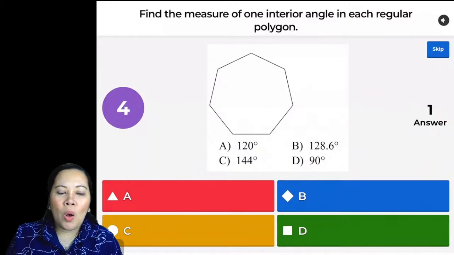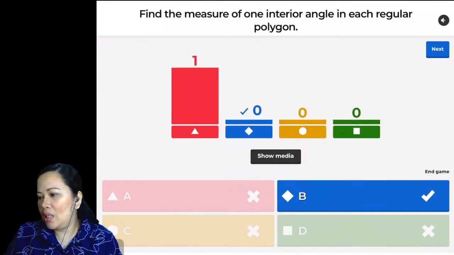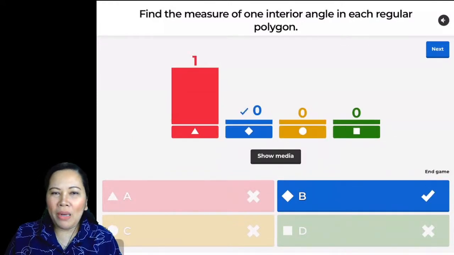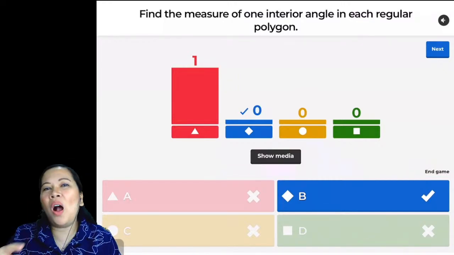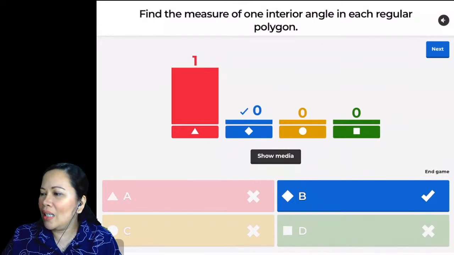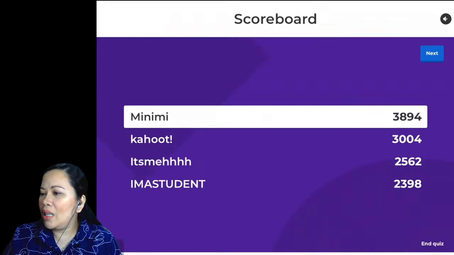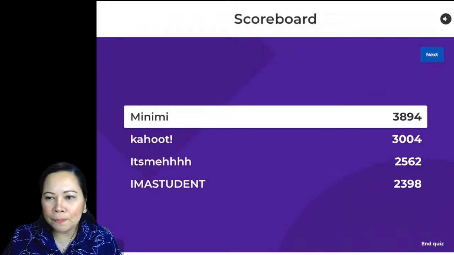Is it 120? Is it 126.8? Is it 144? No one answered. Only one answered and it was wrong. It should be 128, because it's 7-sided. And we still have Mini-Me on the lead.